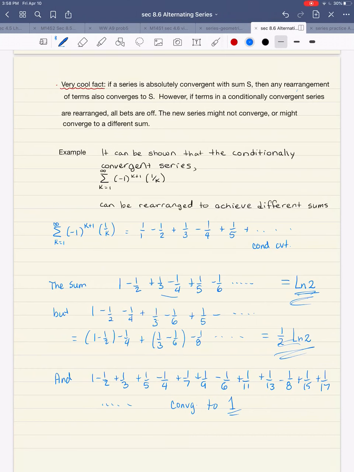But if you have something that's only conditionally convergent and not absolutely convergent, it's possible to rearrange the terms and come up with a different sum. Or you might even rearrange the terms and not even get a convergent series at all.